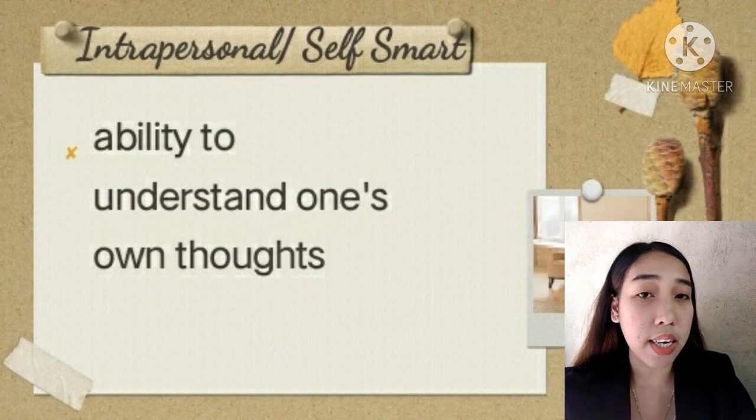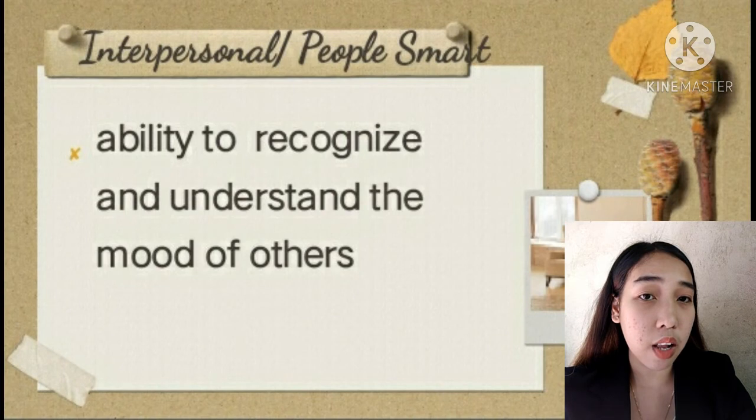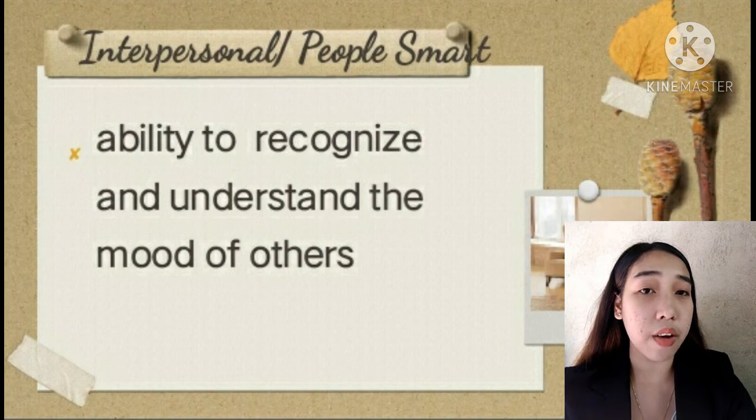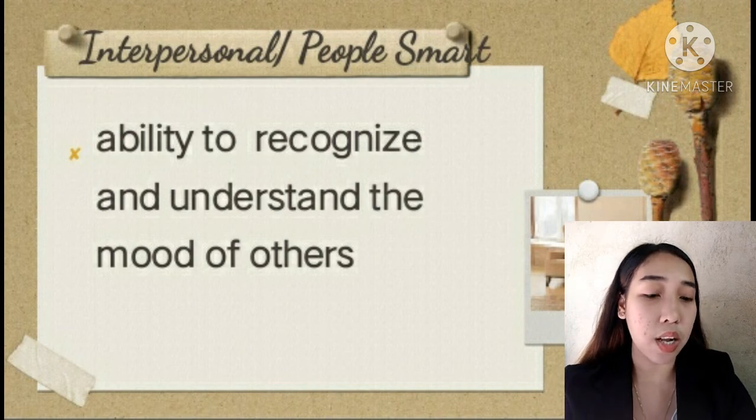The seventh one is the interpersonal or people smart. These individuals are able to read the mood of others. They are good at socializing and communicating with others because they understand differences in perspectives.